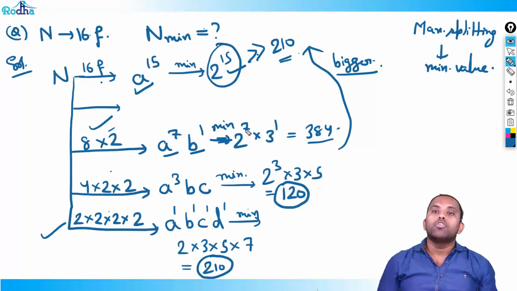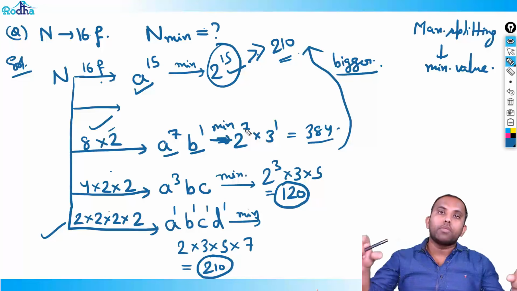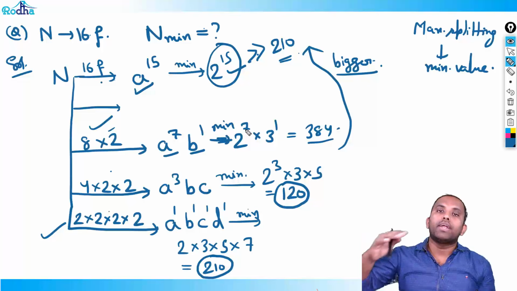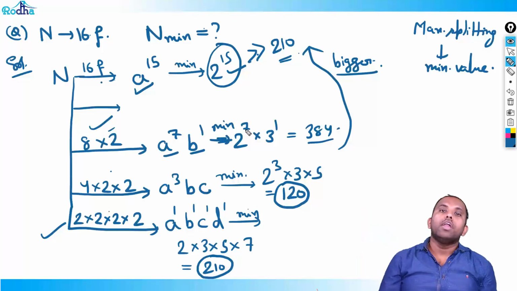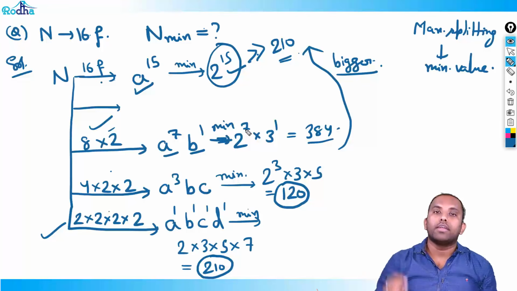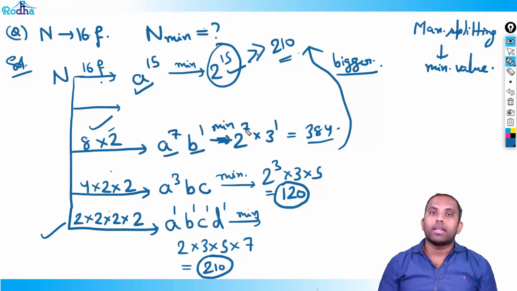I want the minimum number, so around maximum splitting will give the minimum value. In most cases, that maximum split will be the answer. For bigger numbers it will always work, but for smaller numbers you need to check one part less as well. Suppose maximum splitting is 4 parts, then check for 3 parts also, and then you'll get the answer.